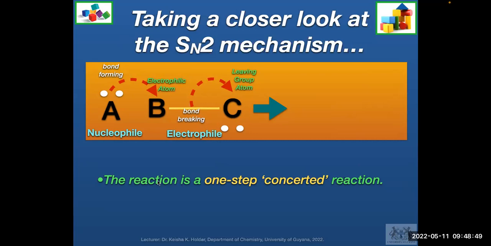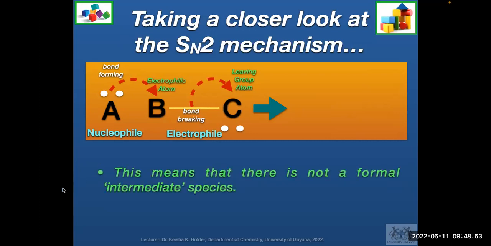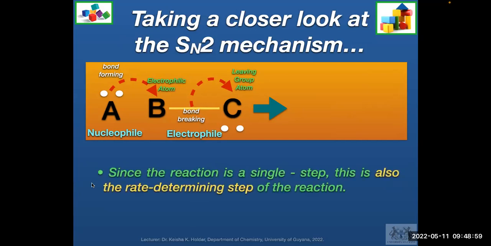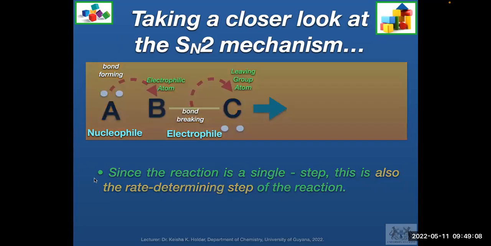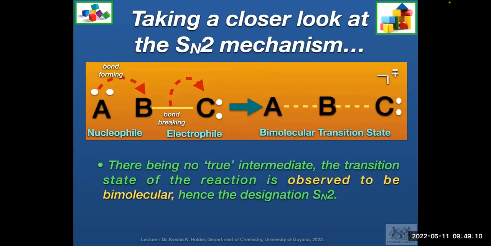Okay, there's nothing else to look at, so we have to focus our attention there. The absence of a formal intermediate species means that we don't have any intermediate complexes to pay attention to, and it means that we have to give our attention to our transition states based on that non-formal intermediate species.